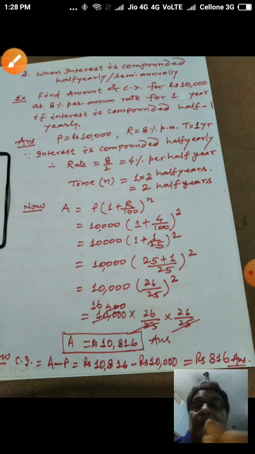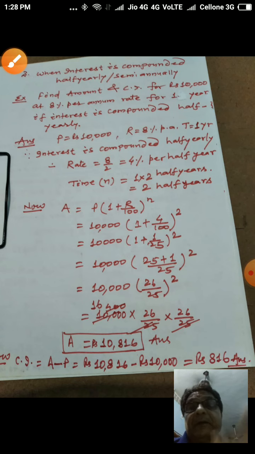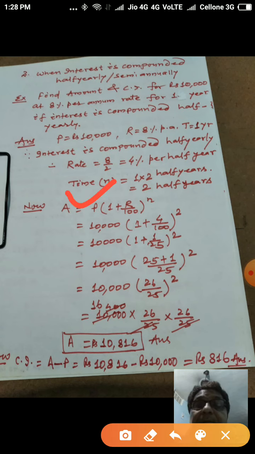One more change we have to make: time is given here in years. In the question the time is given in years, but the condition is compounded half yearly, so time should also be in half years. You know in a year there are 2 half years. So the new value for n will be 1 into 2.